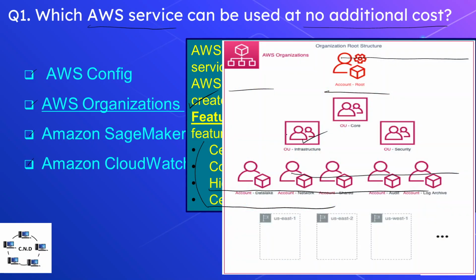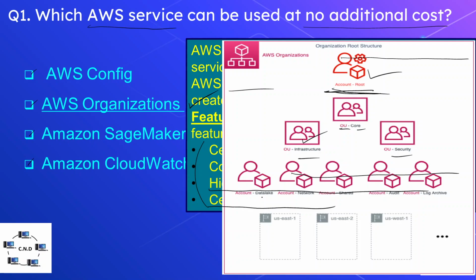If we look at it through a visual, let's suppose we have the root account which manages or controls all the accounts. Then we have multiple organizational units: core, infrastructure, and security.